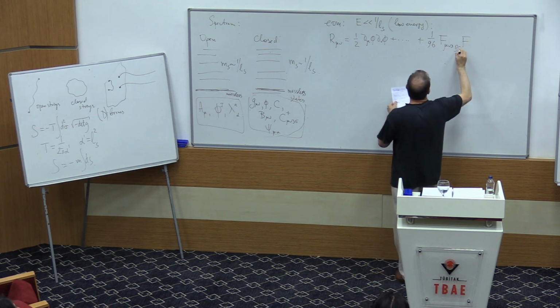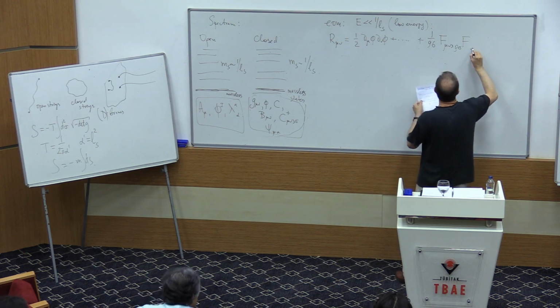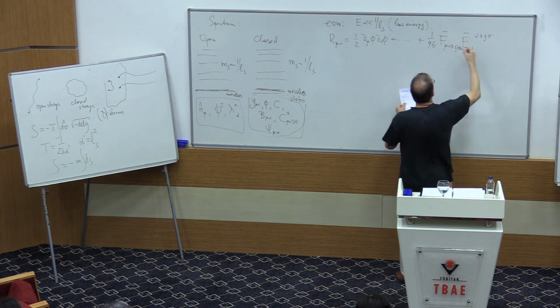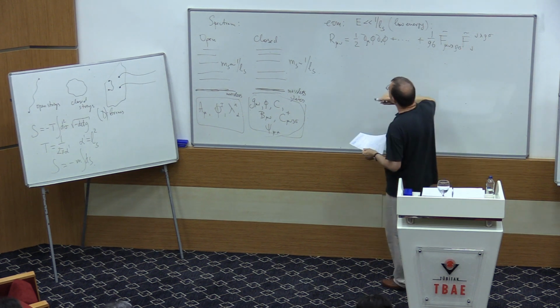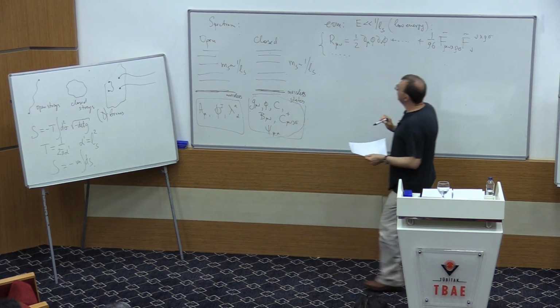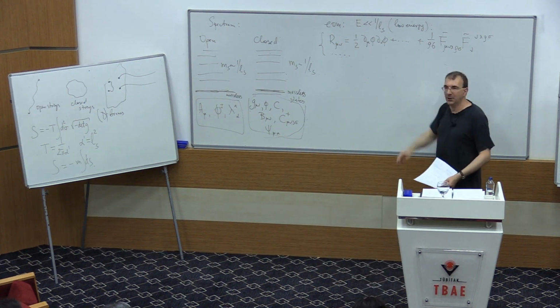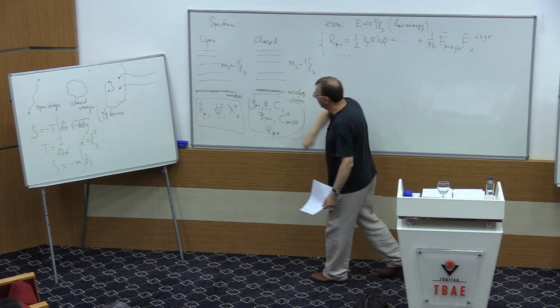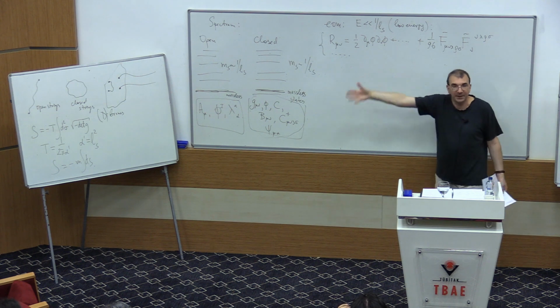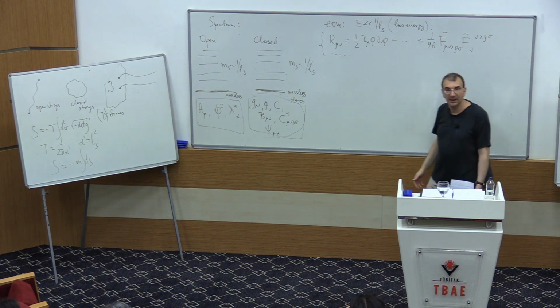There is some field with indices nu, lambda, rho, sigma, so don't worry about this, and some other similar equations. What I want to emphasize is that at low energy, closed string theory produces something which resembles Einstein's equations, the equations of general relativity.